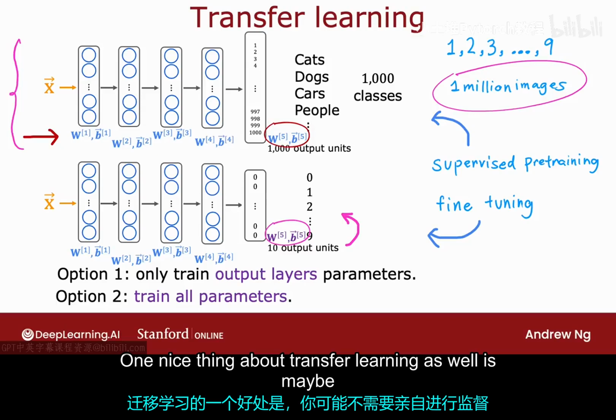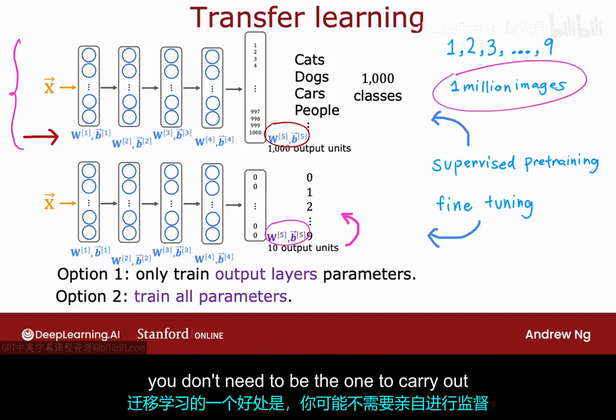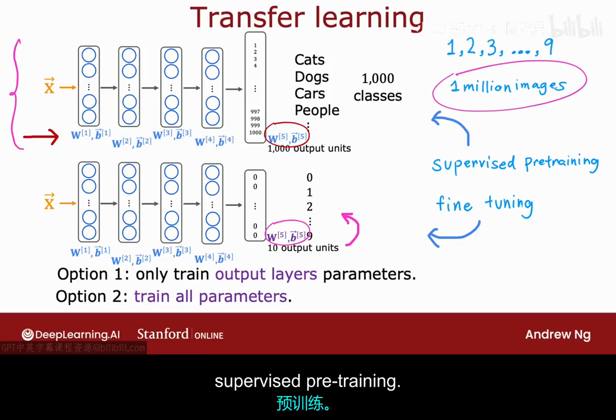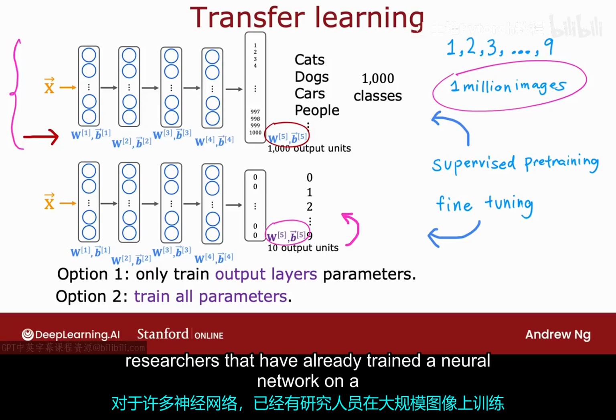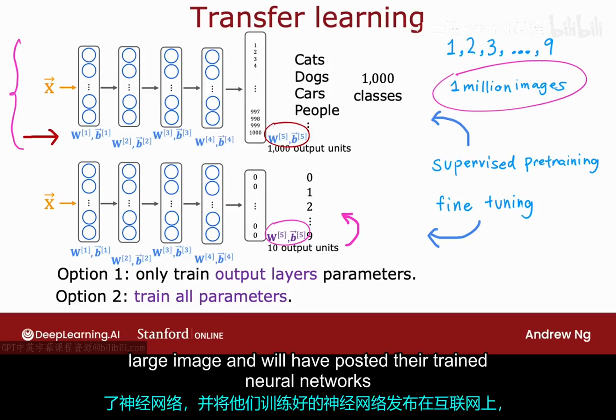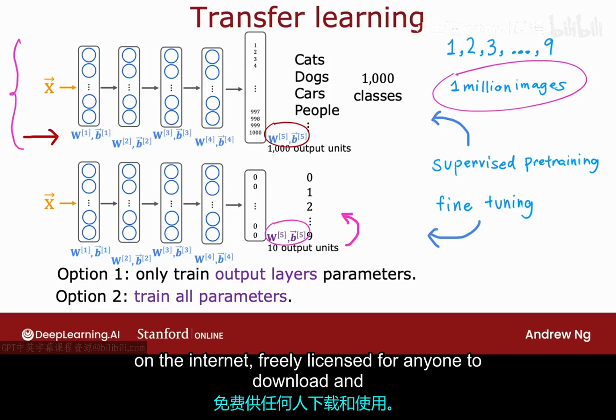One nice thing about transfer learning as well is maybe you don't need to be the one to carry out supervised pre-training. For a lot of neural networks, there will already be researchers that have already trained a neural network on a large image data set and will have posted their trained neural networks on the internet, freely licensed for anyone to download and use.